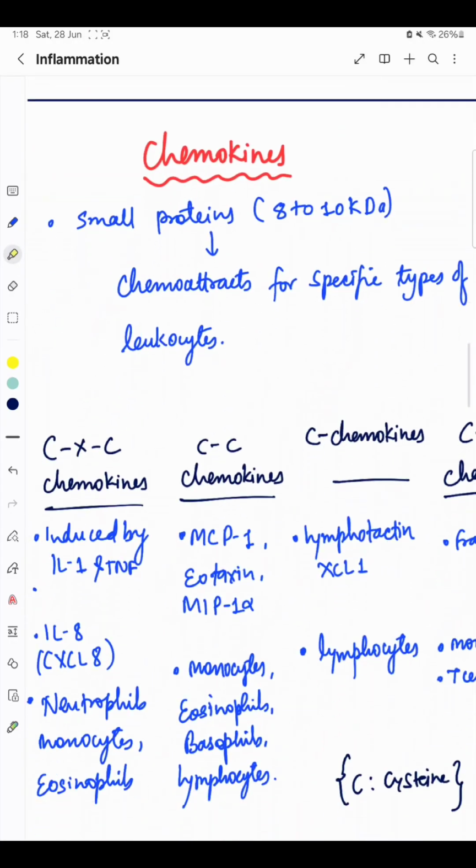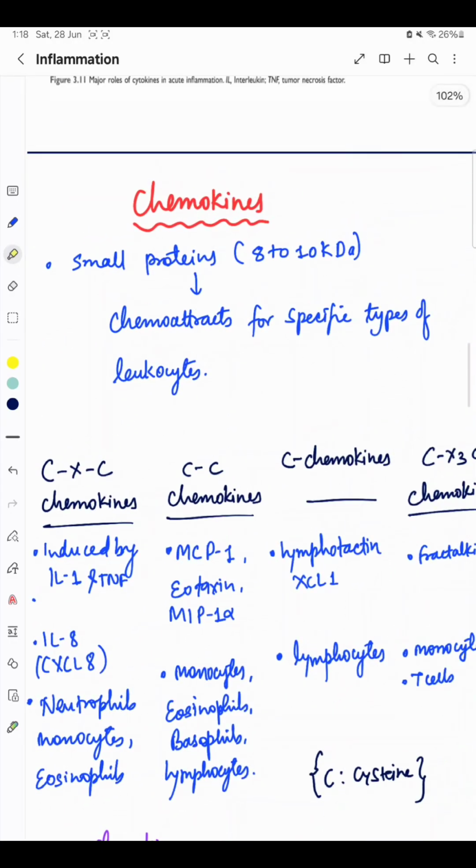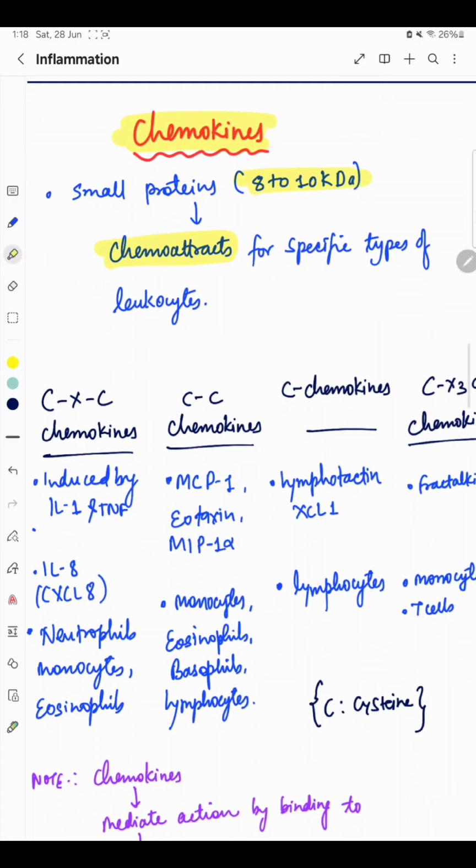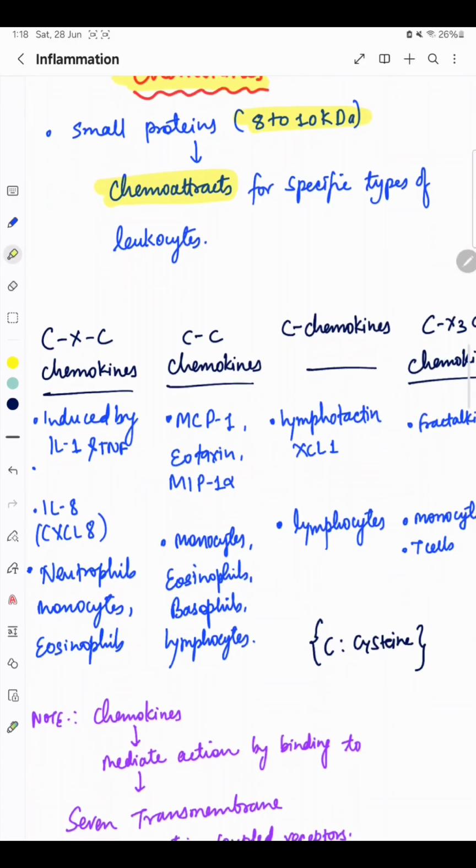Now we will discuss another category of inflammatory mediators, chemokines. Chemokines are small proteins of 8 to 10 kilodalton molecular weight. They are chemoattractants for specific types of leukocytes. There are specific types of chemokines for specific leukocytes.